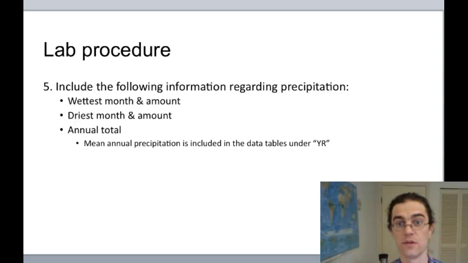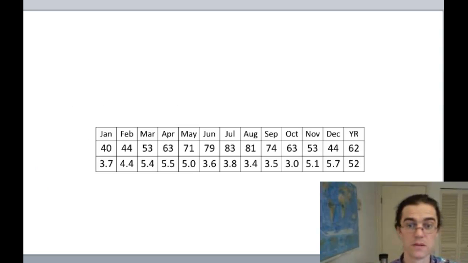Let's continue here. Include the following information regarding precipitation: the wettest month and amount, the driest month and amount, and the annual total. Again, the mean annual precipitation is included in the data tables under YR. So let's take a look at that.